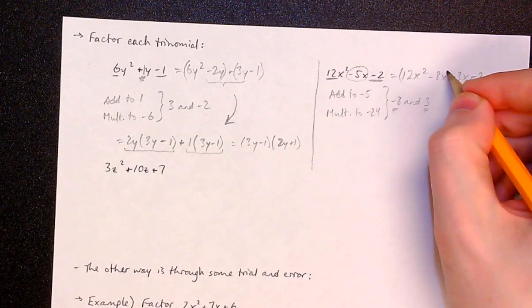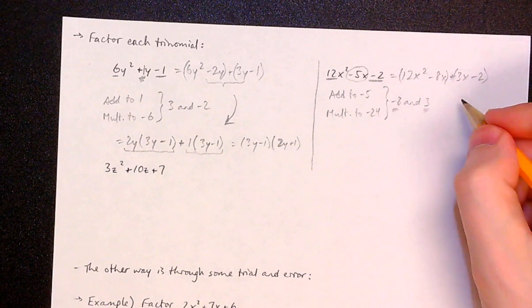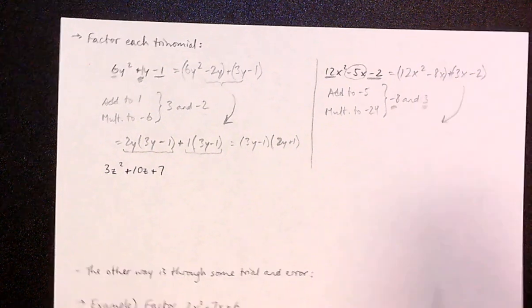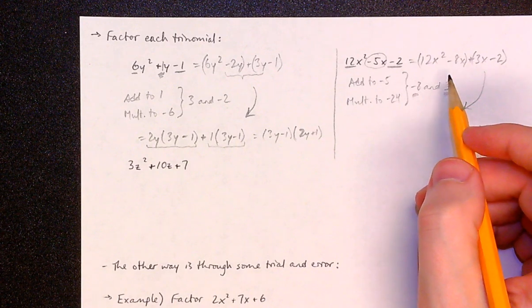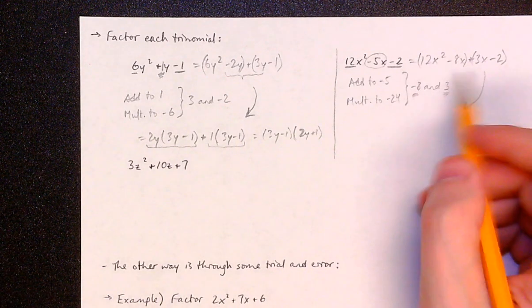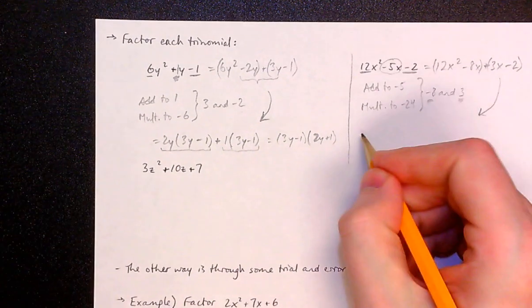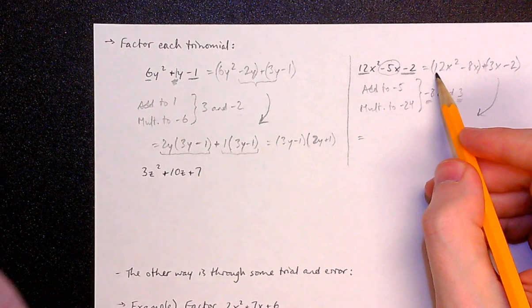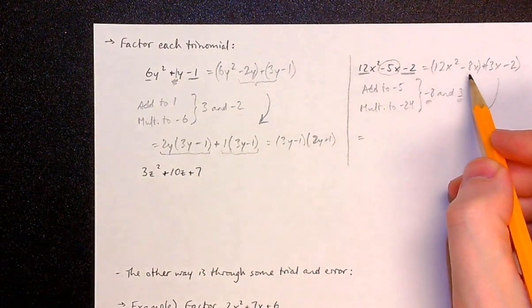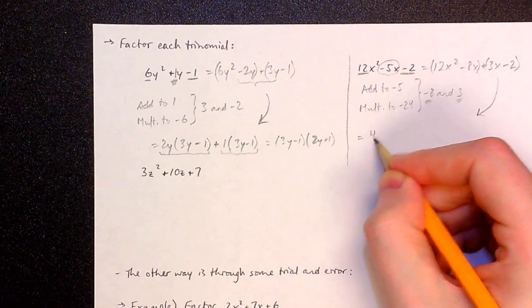We group. And we factor out. First we figure out the GCF of each group, and then we pull that GCF out. So the GCF of 12x squared and 8x is going to be 4x.